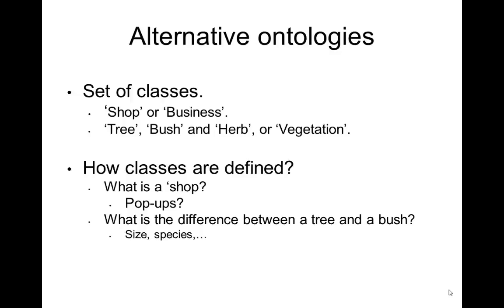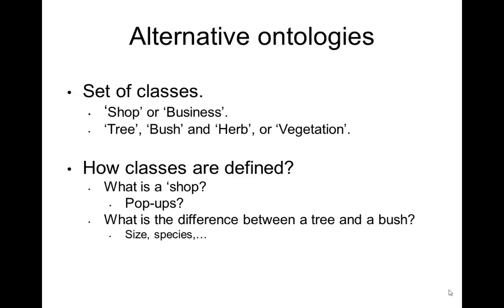We're calling something a shop, we're calling something a business. Or, for example, for vegetation, do we want one class for tree, one class for bush, one class for herb? A herb is just a non-woody plant. Or do we bunch them all together and call them vegetation? So different classes, different numbers of classes.